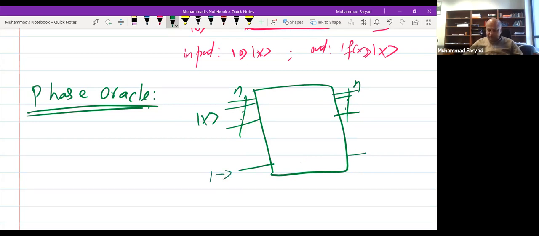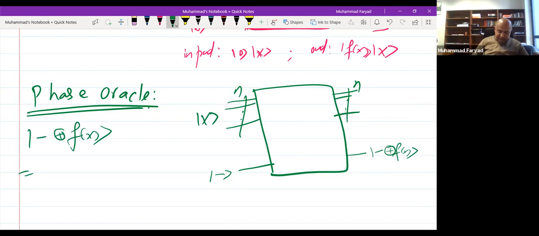Which means the output here should be the minus state XORed with f of x. And let's see what this is. The minus state is nothing but 1 over square root 2, (0 minus 1), XORed with f of x.